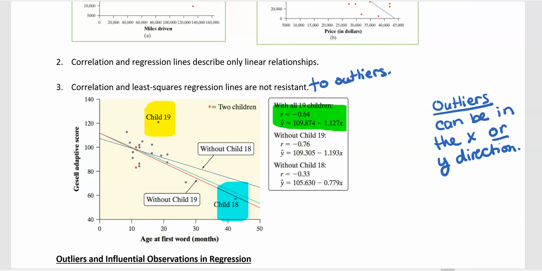So there is some change, but it's not huge. But look at what happens when we leave 19 in and take out 18. Then it drastically changes. Without 18, the correlation coefficient drops and the equation drastically changes. So that's called an influential point, because it drastically changes the line.